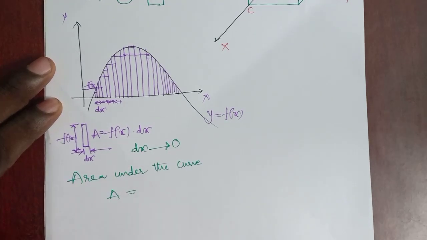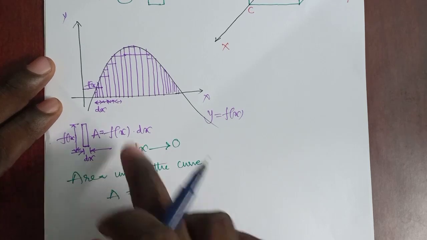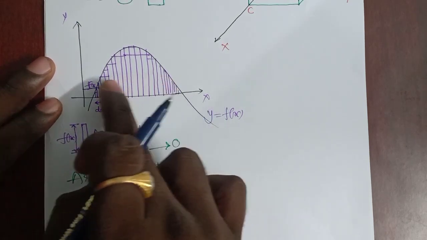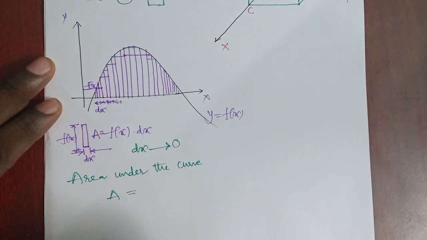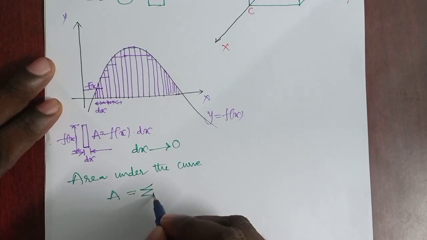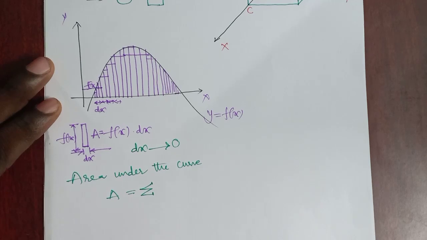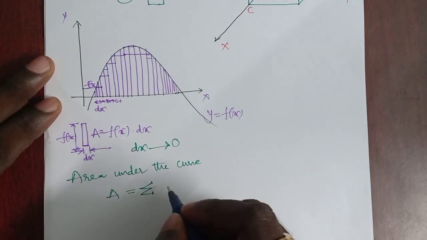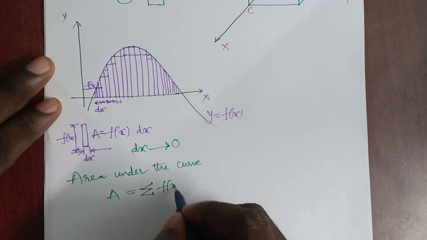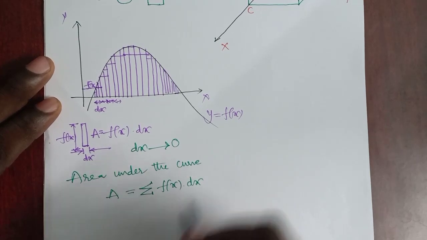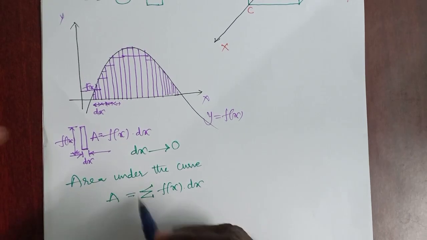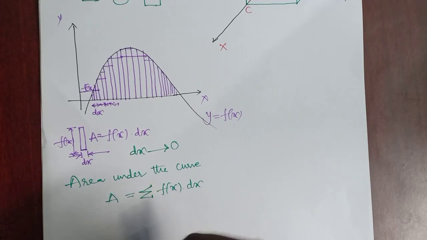So A is what? How do we find the area? By adding all the areas of these rectangular boxes, which means the summation of f of x into dx. What is this summation?